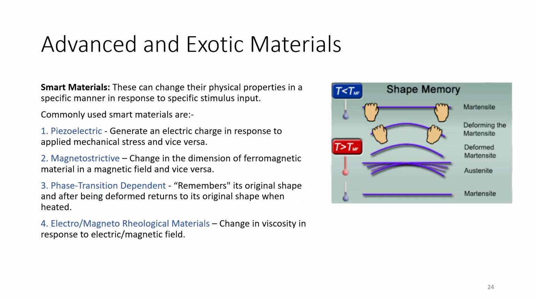Then we have magnetostrictive, which can change the dimension of ferromagnetic material in a magnetic field or vice versa. In case of phase transition dependent, these remember their original shape, and after being deformed, they return to their original shape when heated. Electro and magneto-rheological materials change in viscosity in response to electric and magnetic fields.